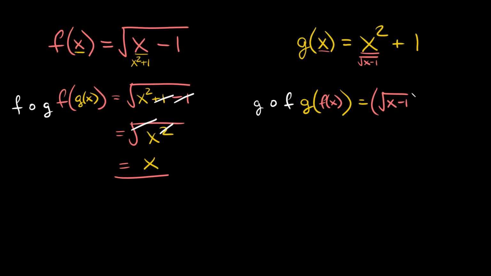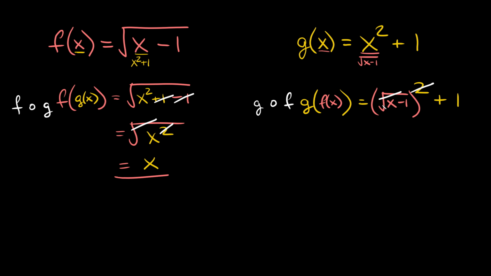And then I'm going to put that in parentheses because, as you can see, we still have this squared exponent out here, right? So we still have to apply that right there. And then we have our plus 1. Now here, as you can see, we're squaring a square root, which incidentally also kill each other. Okay, so the square root and the squared exponent cancel each other out, and all we're going to be left with is whatever was inside of that square root, so x minus 1.